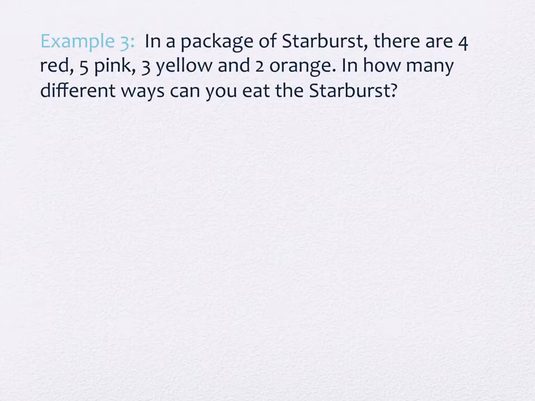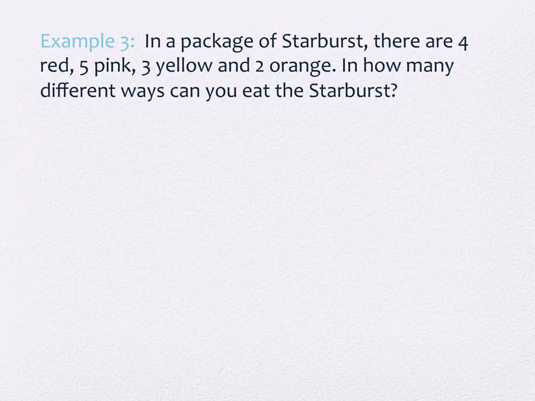Another option is, let's say you were trying to look at the distinguishably different ways of selecting a committee, and all you cared about was whether the person has brown hair or blonde hair, or is a boy or a girl, right? Where you're categorizing things. So the objects don't necessarily have to be identical, but the category that you're thinking about them in would make them indistinguishable. These objects are identical, right? The pink Starburst looks just like the other pink Starburst.